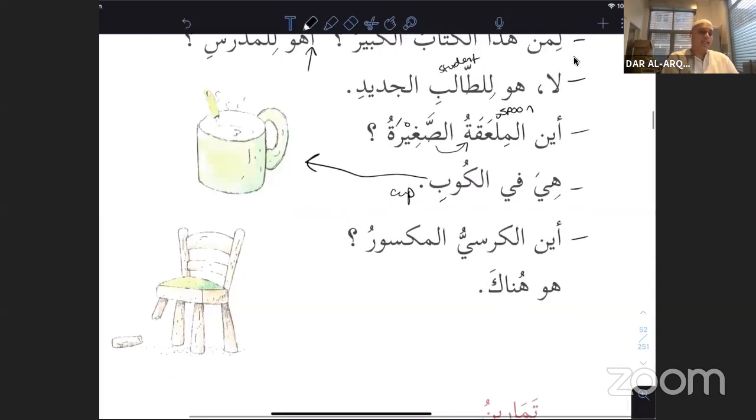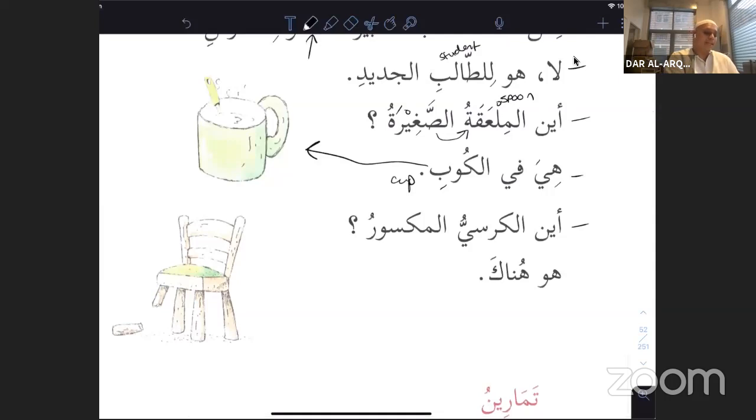Next line. أين الكرسي المكسور. Maksur means broken, and maksur is also an adjective for kursi. So where is the broken chair? أين الكرسي؟ Where is the broken chair?